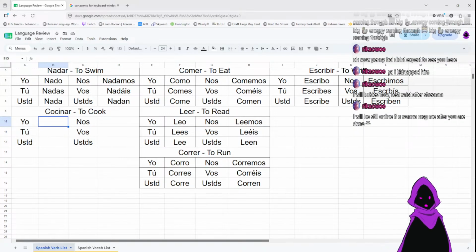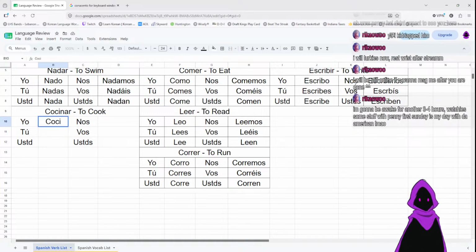I'll probably be procrastinating on more work that I don't want to do. Let's see. I'm gonna be awake for another 3 to 4 hours watching some stuff with Penny first. Sunday is my day with the American. But I'm not American enough for you. Or are you just talking about the American friends?